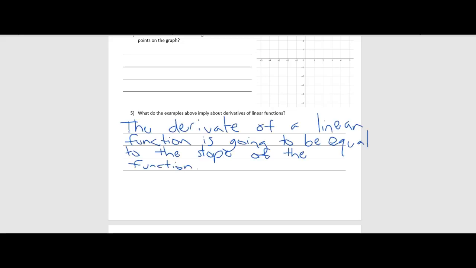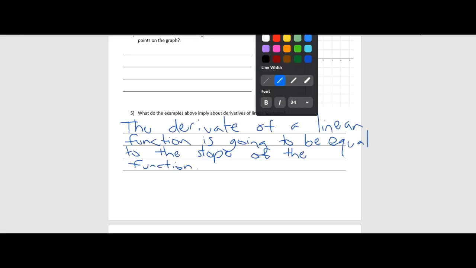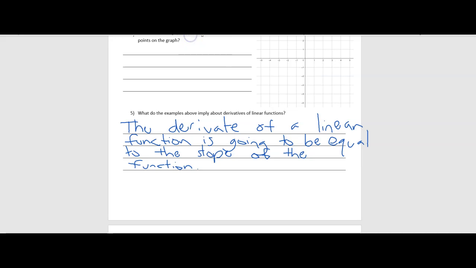We answered number 5 in our discussion, but we can put something down on paper. What do the examples above imply about derivatives of linear functions? Well, the derivative of a linear function is just going to be the slope of the original function.